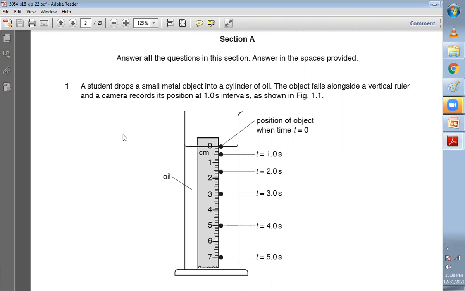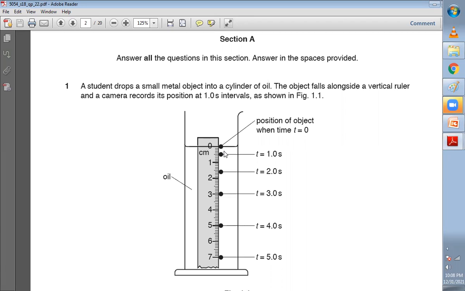The object falls alongside a vertical ruler, and a camera records its position at 1 second intervals, as shown in figure 1.1. So basically what is happening is they have dropped a ball into this cylinder. This cylinder is filled with oil, and they have placed a scale there, and they are recording it.